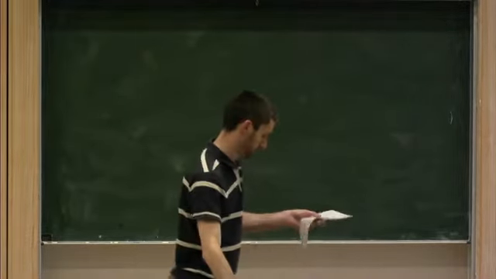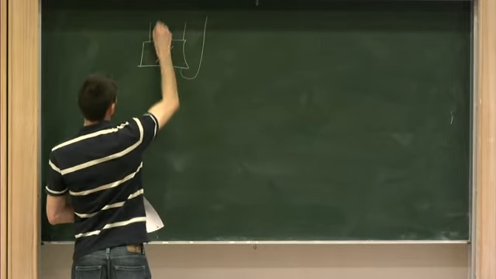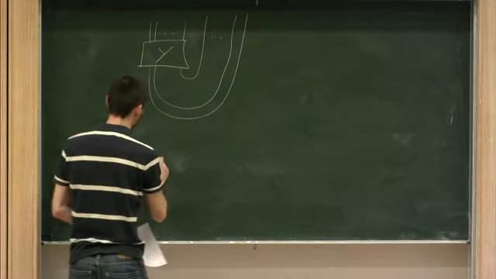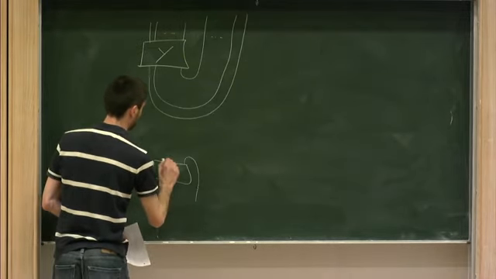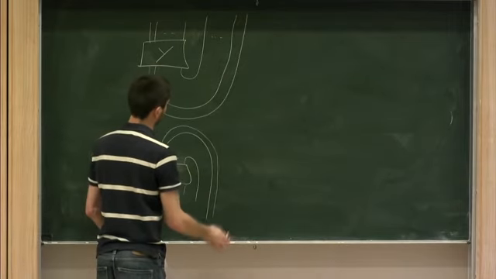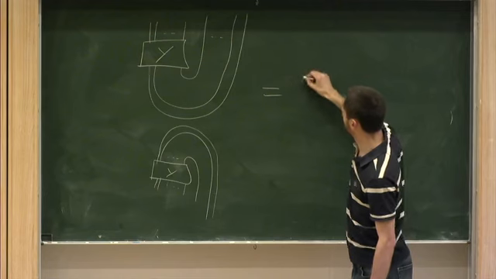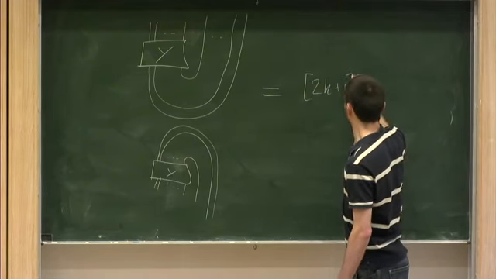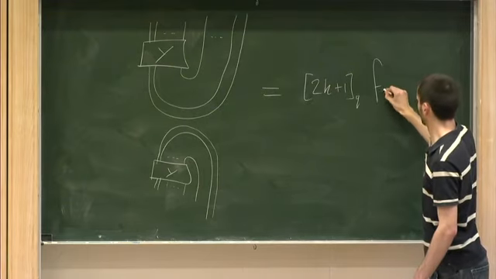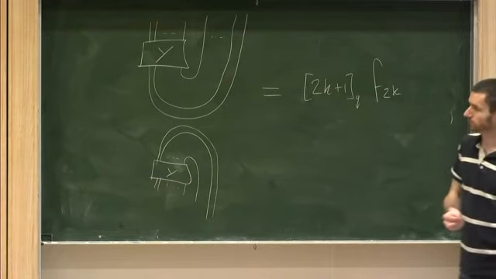The final relation is that if we take two of these y's together like this, then up to some quantum integer, these just give us the last simple object.